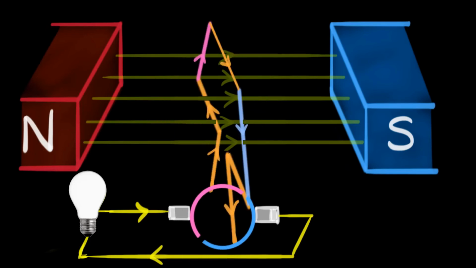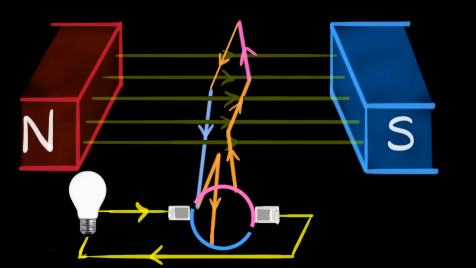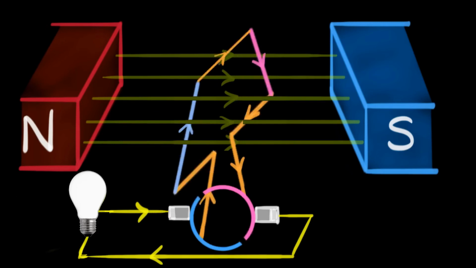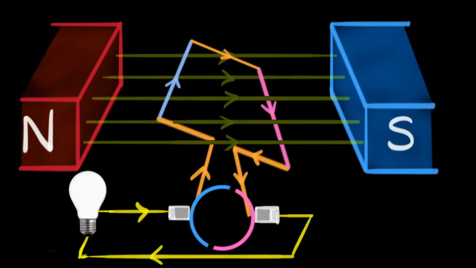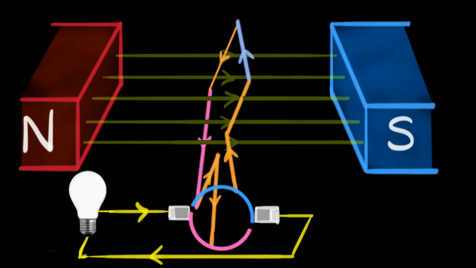But as the coil rotates and comes to this position, the current reverses, and now notice the brush is in contact with the blue side, making sure the current still flows in the same direction through the bulb. Again, as the coil comes to now this position, finishing another half a rotation, again notice it just changed contact. It is now in contact with the pink ring, connected to the pink side.